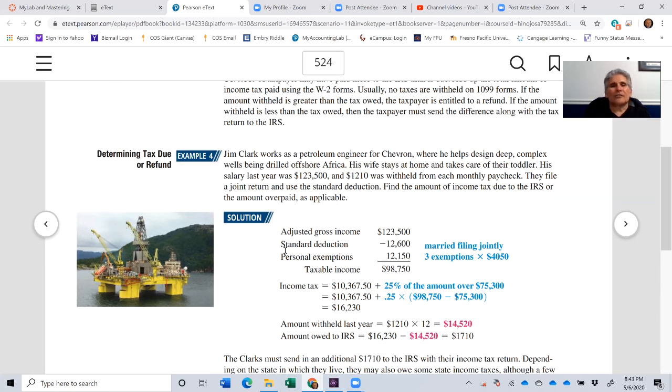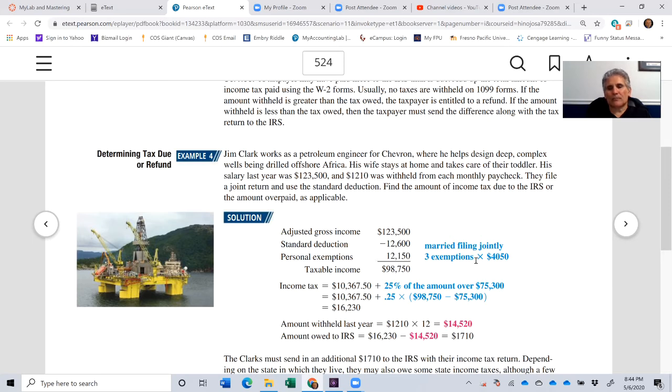So let's take a look. The adjusted gross income, $123,500. We're going to subtract from that the standard deduction for married filing jointly. That was going to be $12,600. That's on the previous table that we've looked at. Personal exemptions, that's going to be $4,050 multiplied by the number of exemptions. Well, married, that's 2 plus 1 child, which was a toddler, which is 3.